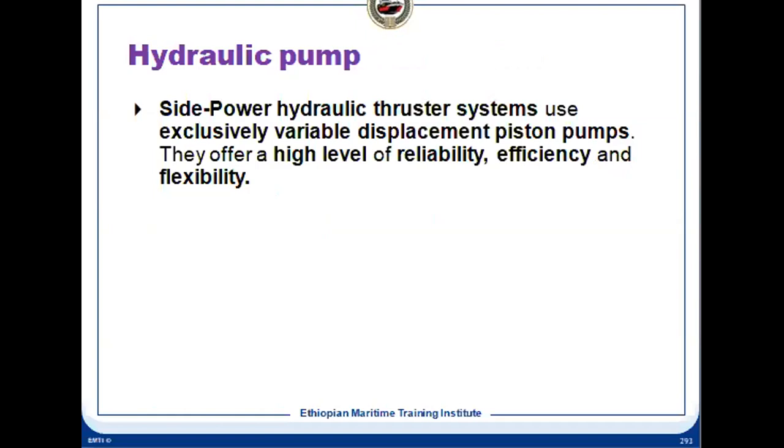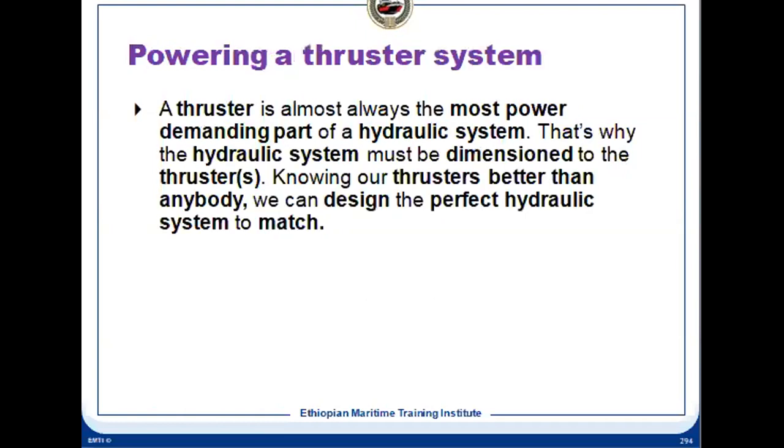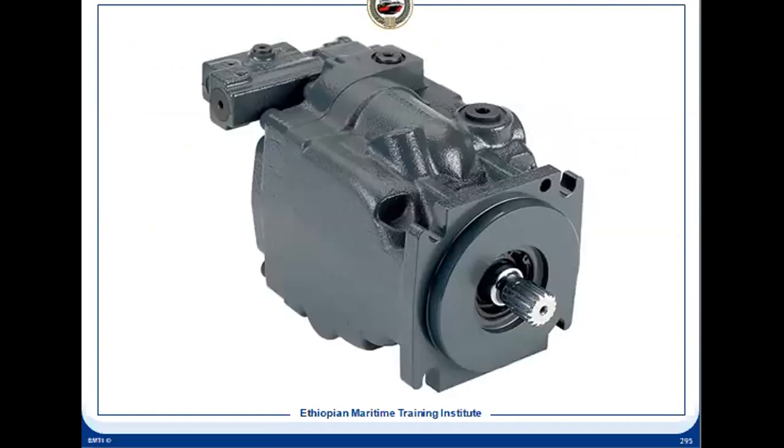Side thruster means the tunnel thruster, for the side movement of the vessel. The forward thruster is moving the vessel in the forward and aft direction, so it will have more power than the side thruster. The side thruster you use only during maneuvering when you move the vessel sideways.